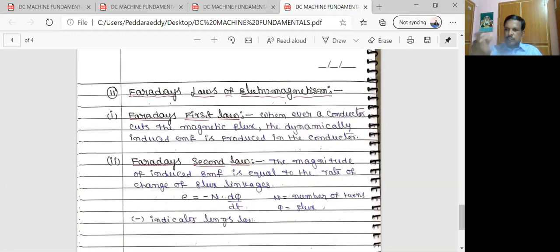When the rotor rotates, the conductors also rotate. This rotating conductor cuts the magnetic flux, and an EMF is induced in the conductor. This EMF is also called voltage.